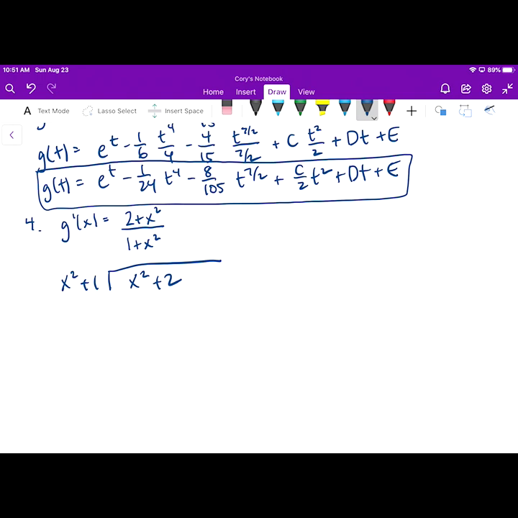So when I long divide, x squared goes into x squared once. We multiply 1 times x squared plus 1, and then subtract that result, which leaves our remainder to be 1.